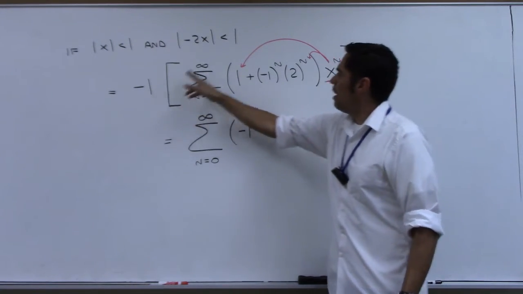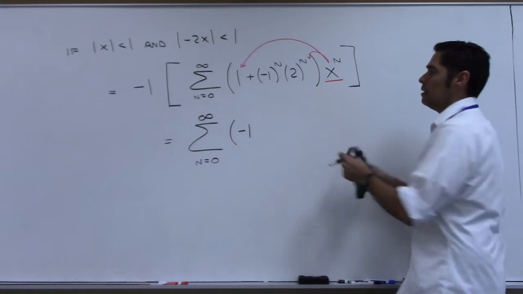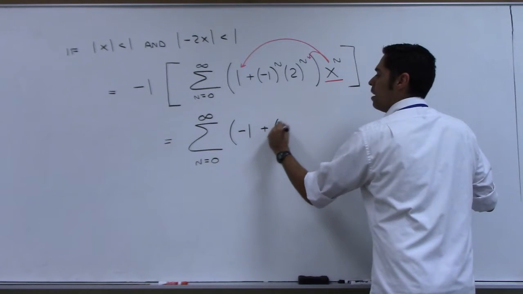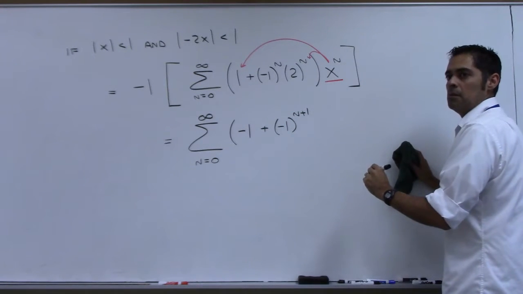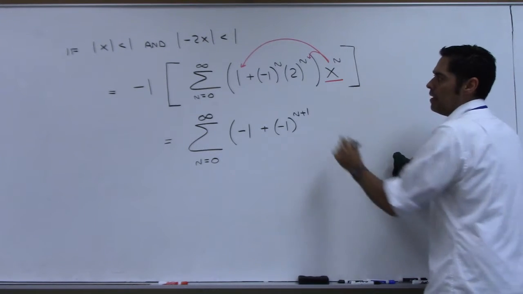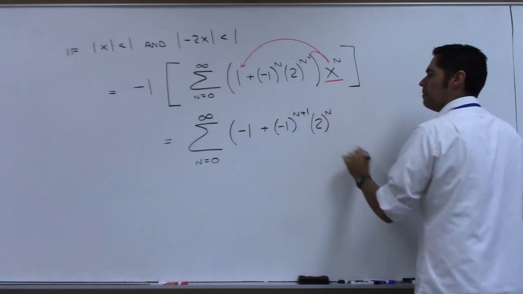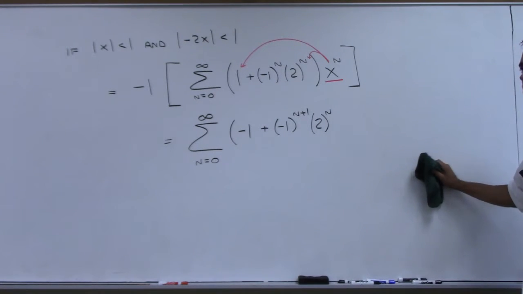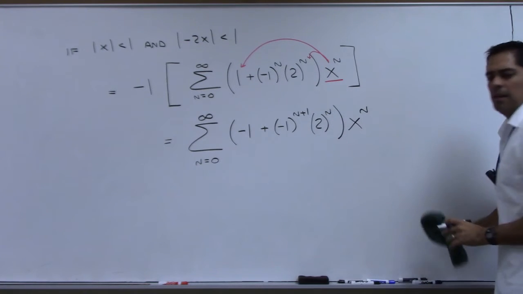If I multiply -1 times this, it'll be -1 to the n plus 1. And then I still have there 2 to the n, but all of that multiplied times x to the n.